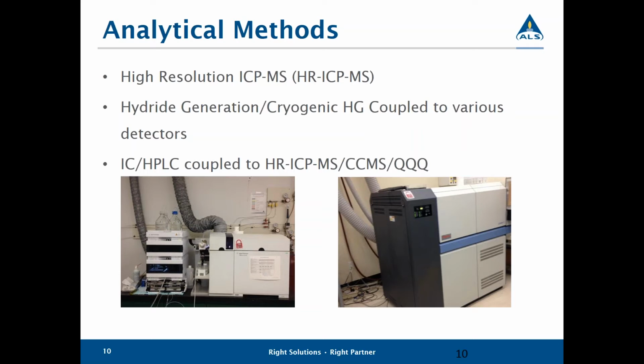They can also be coupled to collision cell MS and also a triple quad MS. In our situation, we focused on the instrument on the left-hand side, which is an HPLC coupled to a collision cell MS, and that provided both the sensitivity and also the speed we needed to rapidly test samples.